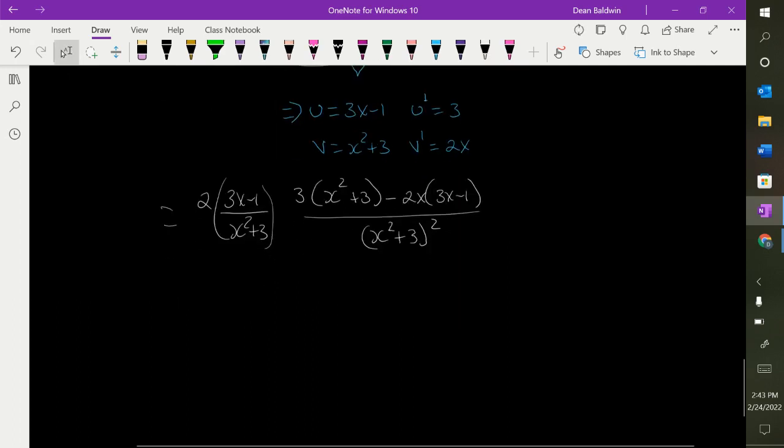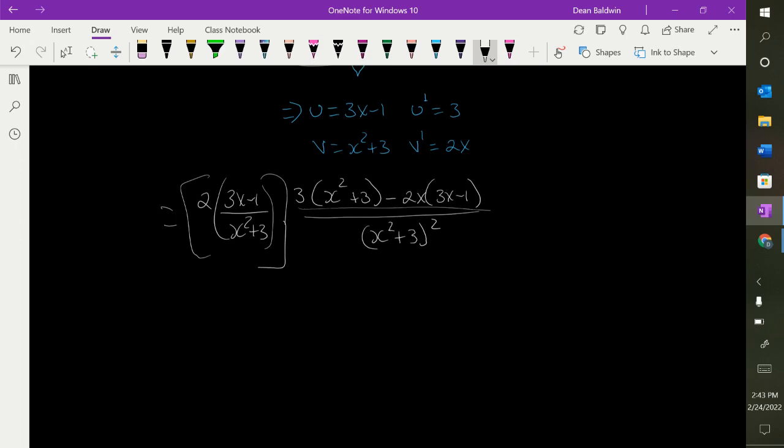Now we got to clean this up. So ignore this for now. Separate it with brackets. I need to clean all this up. The numerator, I can dump the 3 in, dump the 2x in, we can collect like terms. Do not mess with the denominator. Leave it in factored form. So I get 2 times 3x minus 1 over x squared plus 3.